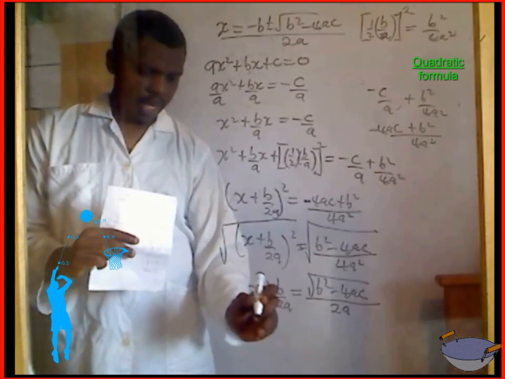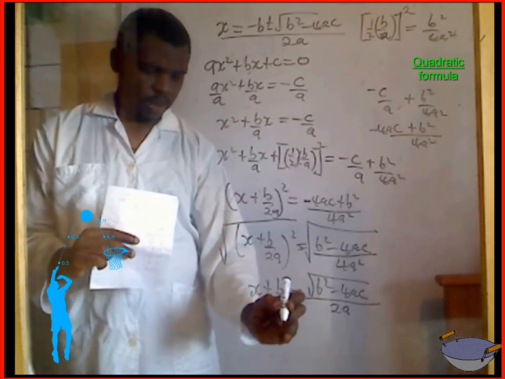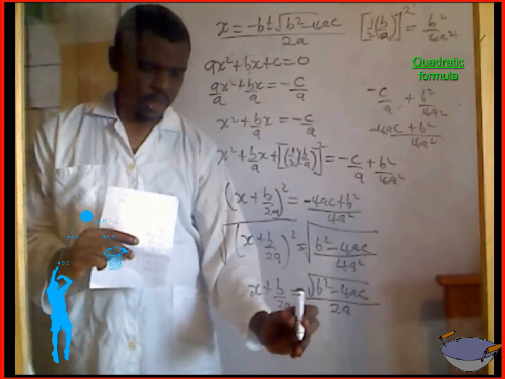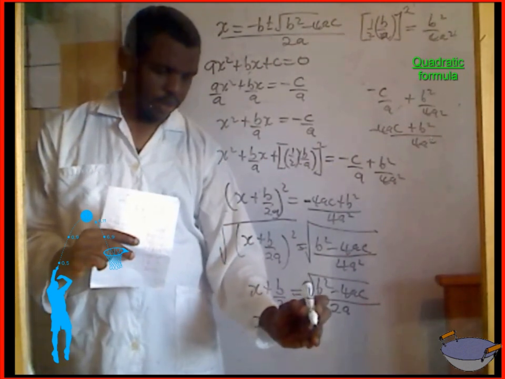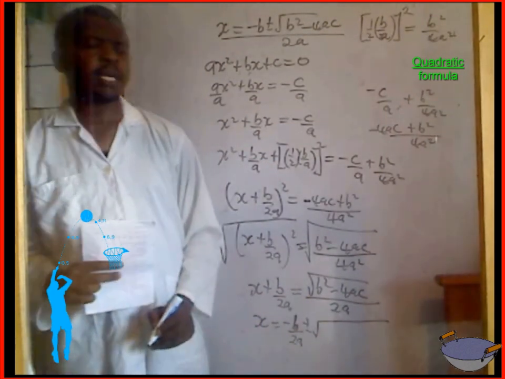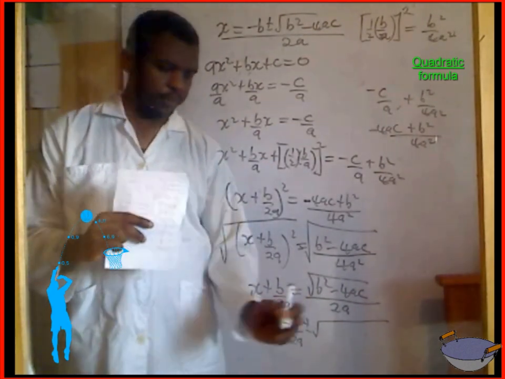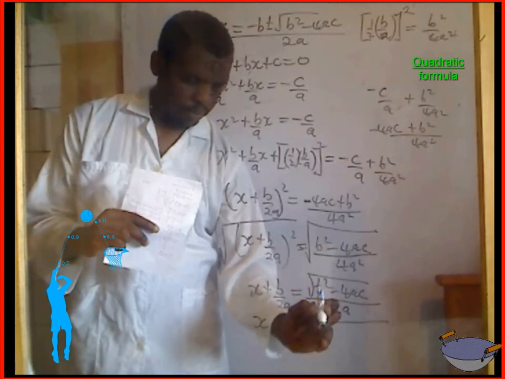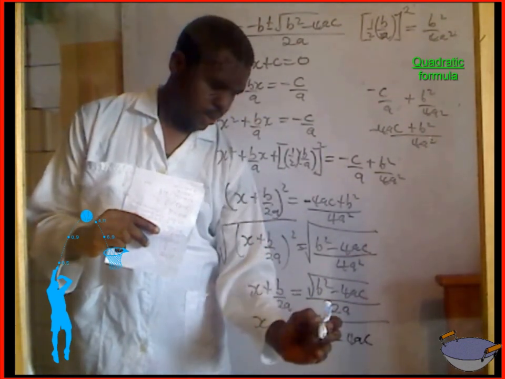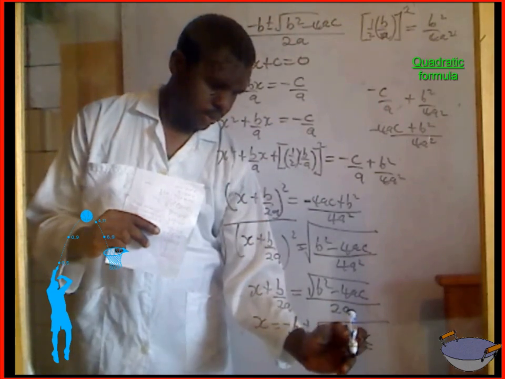This gives me x will be equal to minus b all over 2a plus or minus, because the square root of a number can either be positive or negative, the square root of b squared minus 4ac all over 2a.